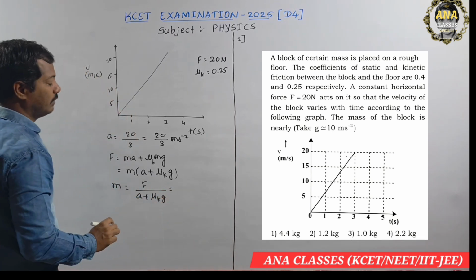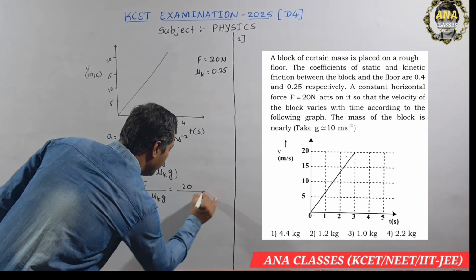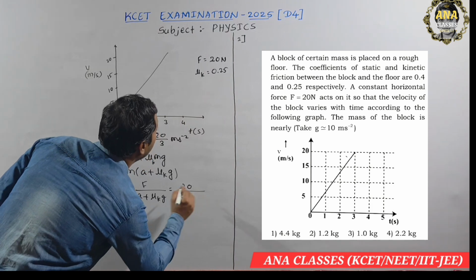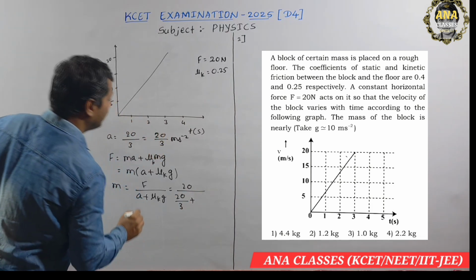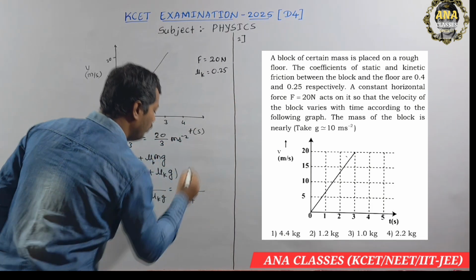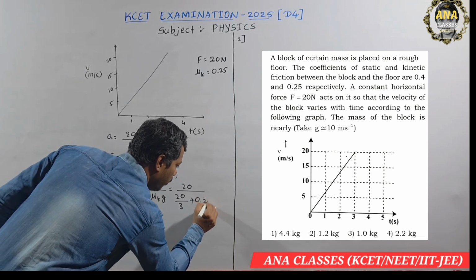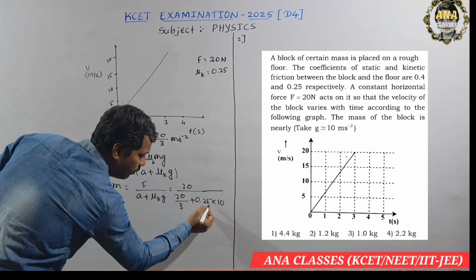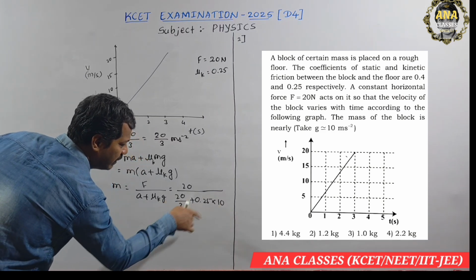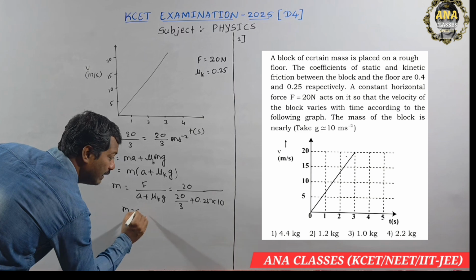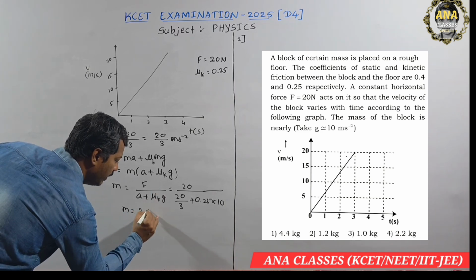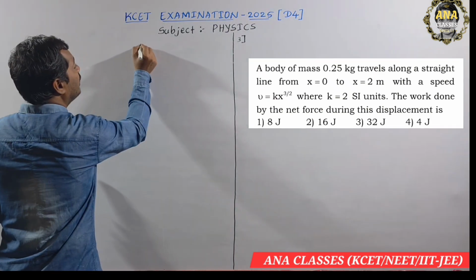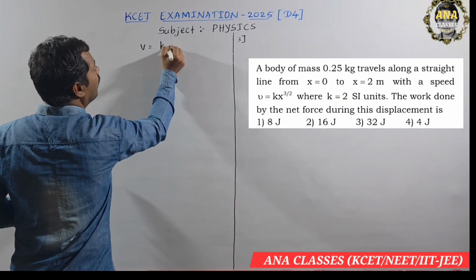By substituting all these values, force is given, that is 20 Newton, and a is already calculated, that is 20 divided by 3, and plus mu k is 0.25. 0.25 is given, and g take as 10. 10 into 0.25 is 2.5, and by simplifying this complete value, the mass is approximately 2.2 kg.